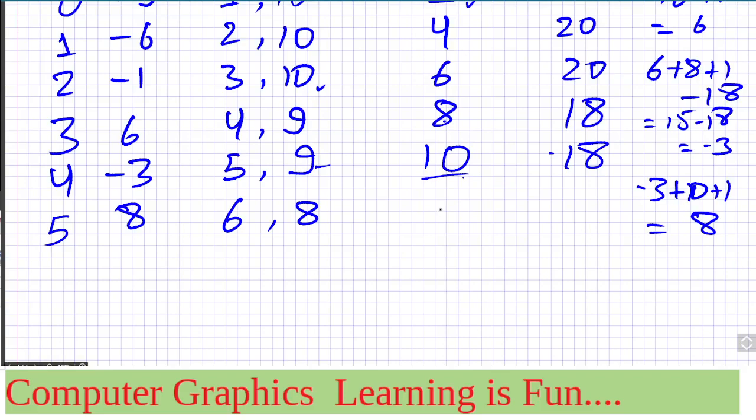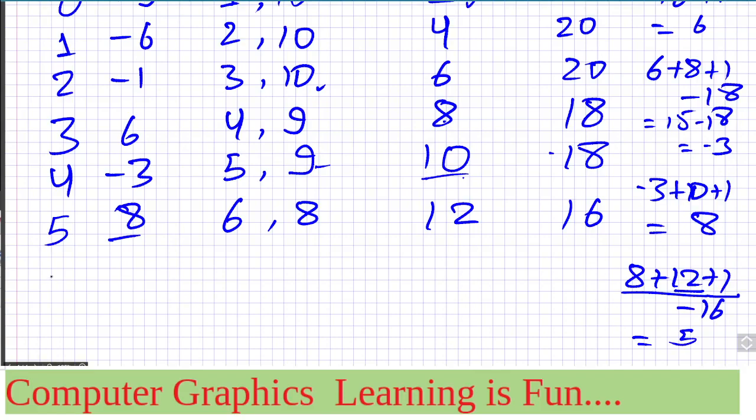Now this is 10, so it becomes 12, and 18 becomes 16. Now the next pk plus 1 value: pk was 8, so 8 plus 12 plus 1 and minus 16. So what is it? 21 minus 16, so it is 5. For the 6th iteration it is 5.